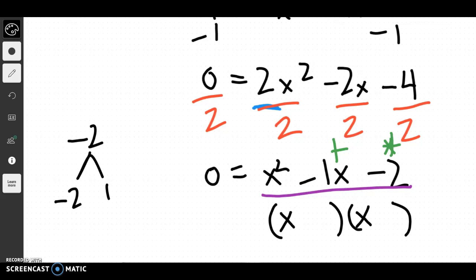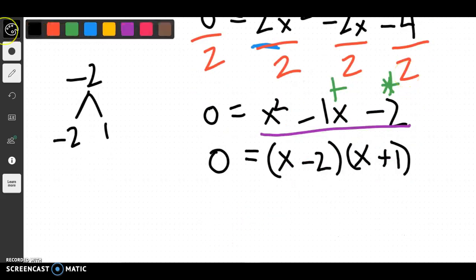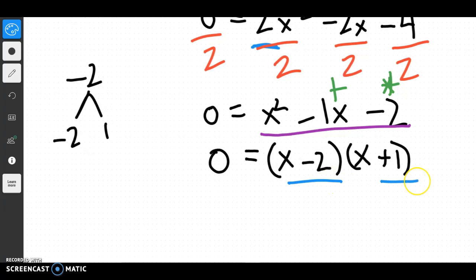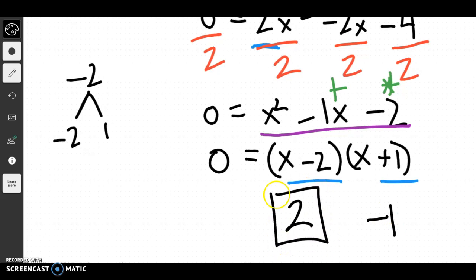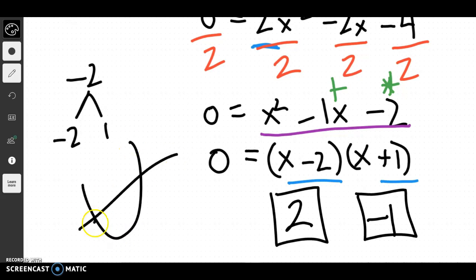And when you add those things together, you do get negative 1. So we get x minus 2 and x plus 1 equal to 0. Again, we have to figure out what the two insides would make it equal to 0, which is pretty easy. 2 and negative 1. These are my two x values, but again, they're not my answers because our answers should be points. So we need to find our y values.